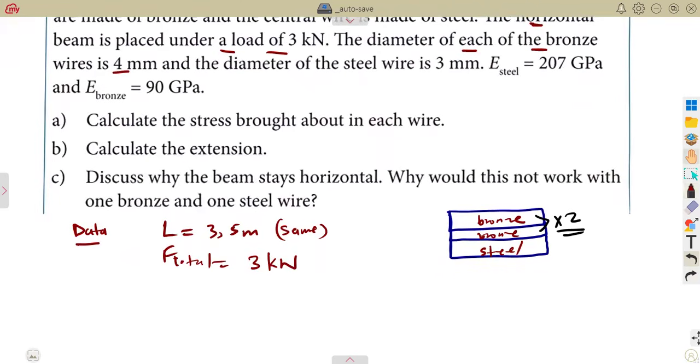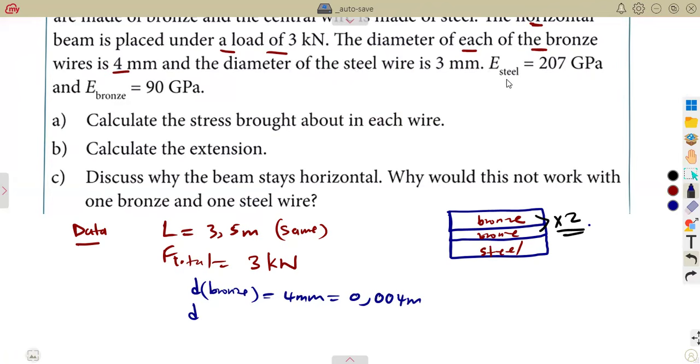So we are talking of the bronze. The diameter, considering the bronze, is 4 millimeters, divided by 1,000, that's 0.004 meters. But remember, there are 2 of them, so in terms of the area, you're going to multiply by 2. Take note of that.